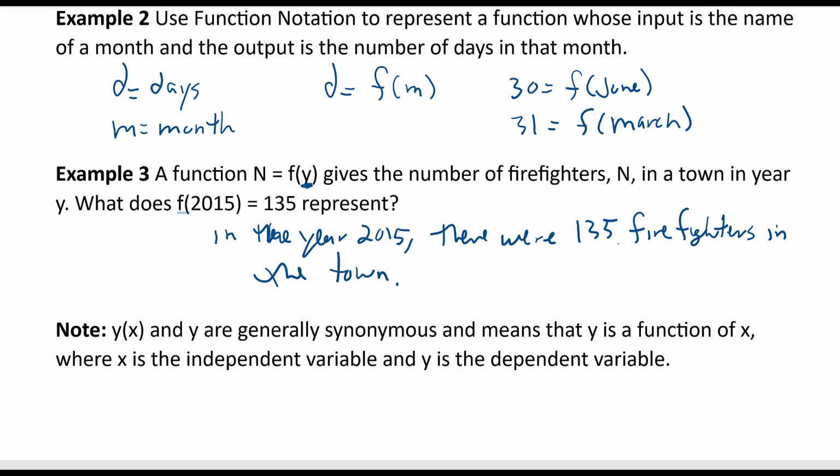Okay. So note f of x and y are generally synonymous and means that y is a function of x, where x is the independent variable and y is the dependent variable.